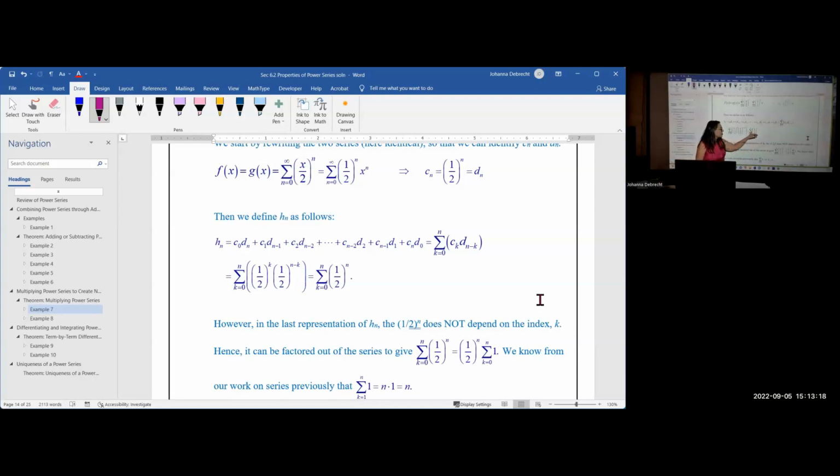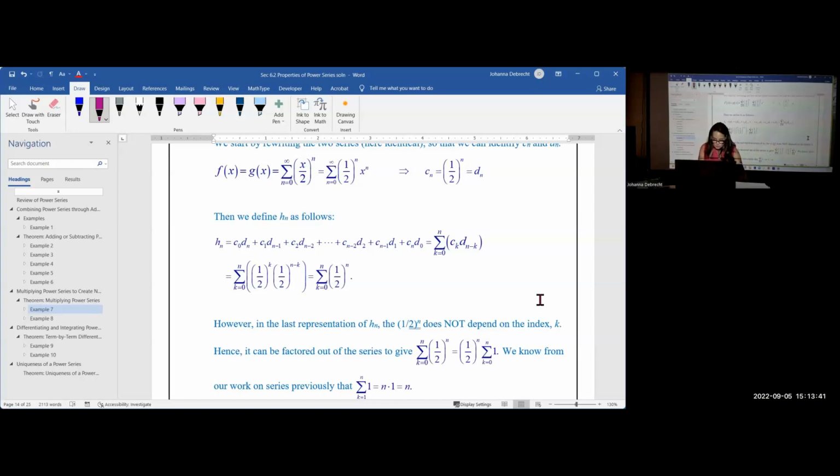The only thing that can't come out of the summand is something that depends on the index of summation, which is k. And this doesn't depend on k. So we can pull it out, and what it leaves behind, of course, is its coefficient, which is a 1. So we get 1/2 to the nth power times the series from k equals 0 to n of 1.